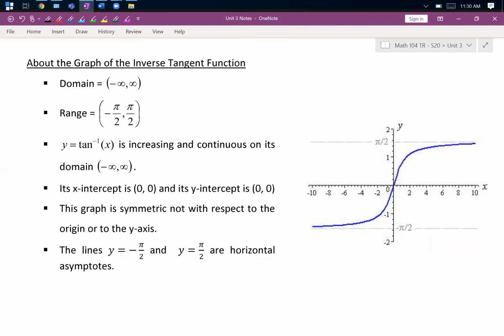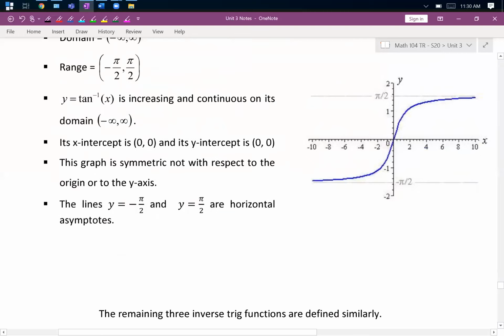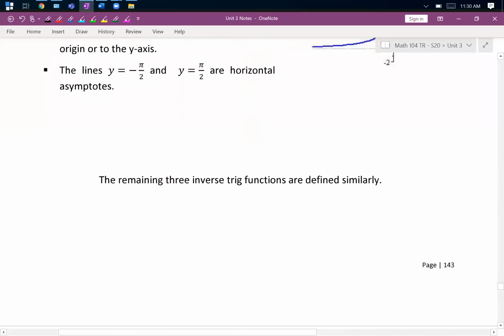Tan inverse is increasing and continuous on its domain. It has an x and y intercept at the origin. The graph is not symmetric with respect to anything. And we have these horizontal asymptotes.